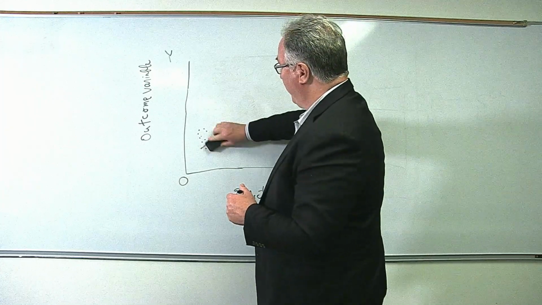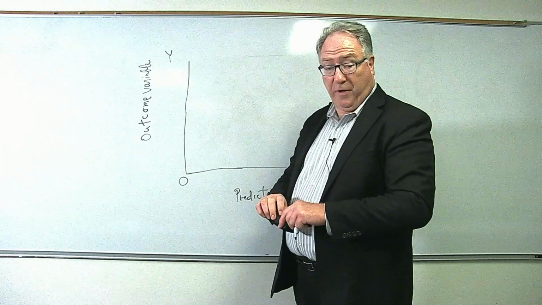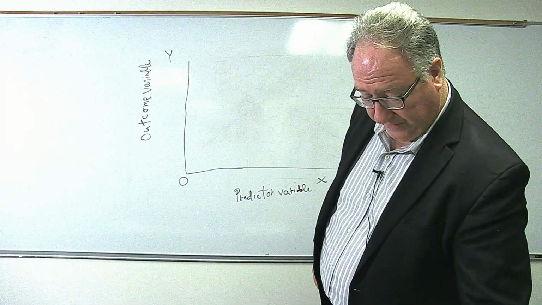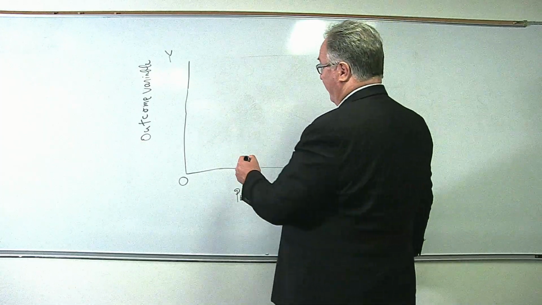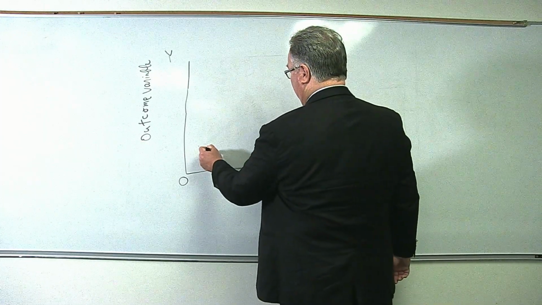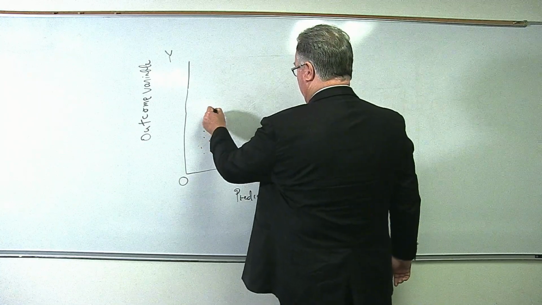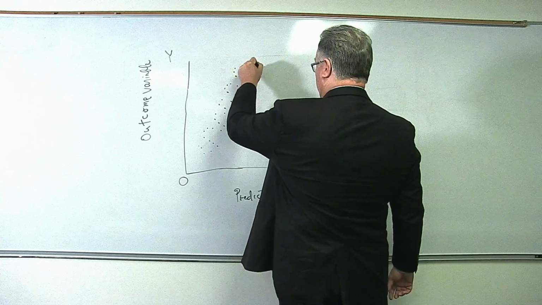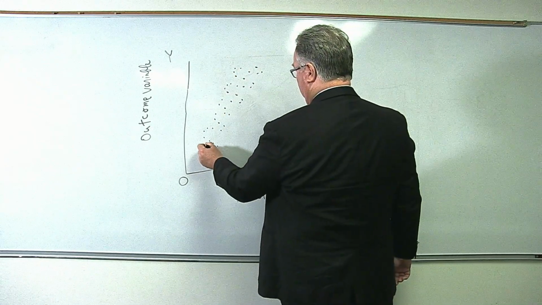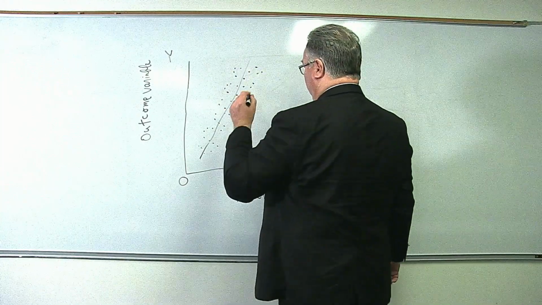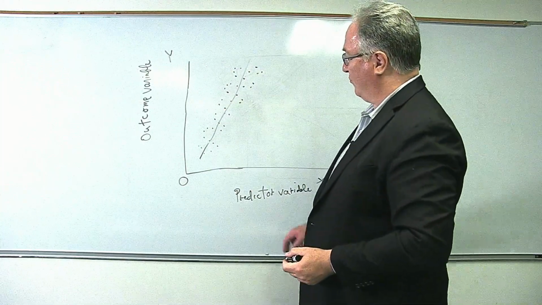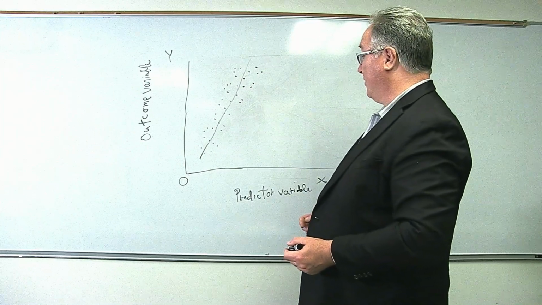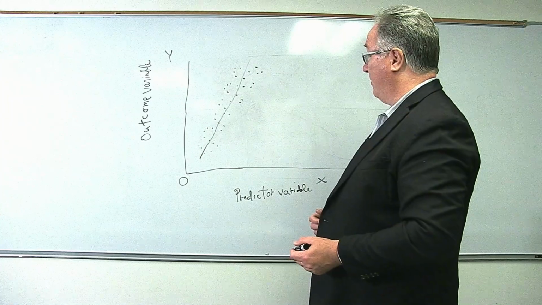And so you may have been reading about the slope of the relationship between the outcome variable and the predictor variable. And here we would have a strong linear relationship between the outcome variable and the predictor variable.